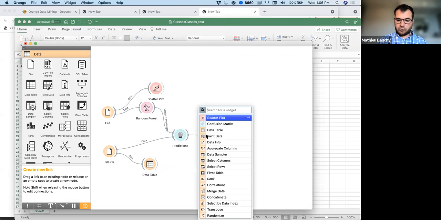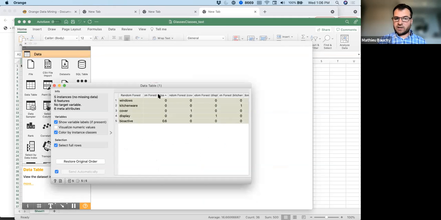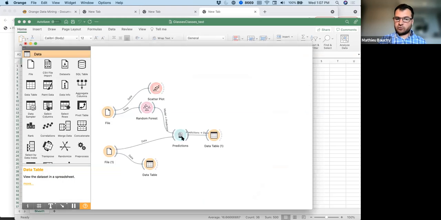And now the prediction, if you look at this, what the prediction will do is take those data, and it's going to make a prediction about which class it thinks those data are associated with. So that's the main spirit of how it works. You have this prediction widget.